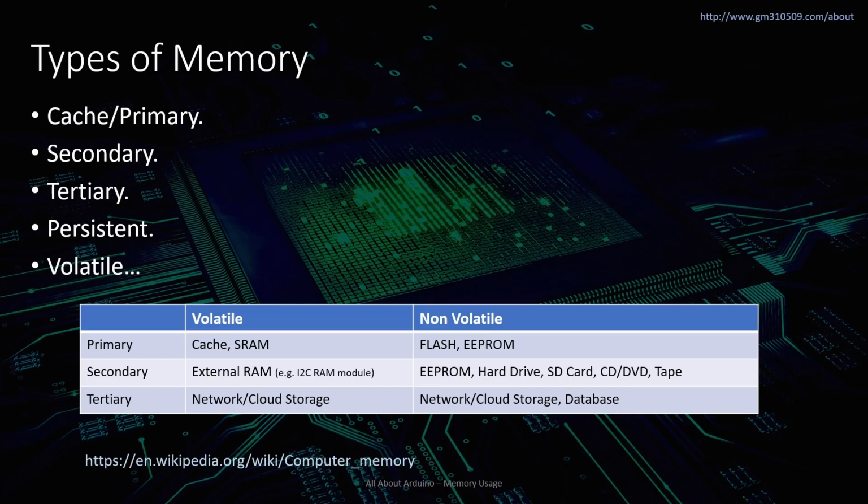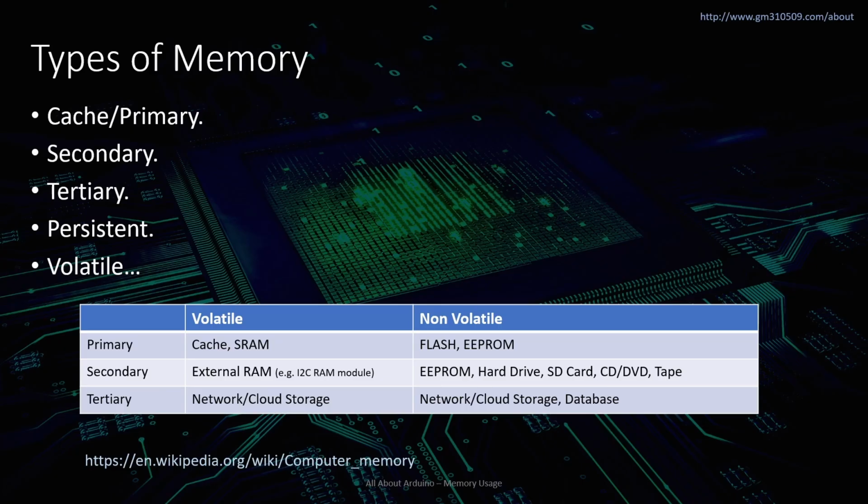The main difference between primary, secondary and tertiary is how close the memory is to the CPU. Either it's directly wired in, or it might go through some sort of high-speed interface, such as the I2C RAM module. Generally, those tend to be in the vicinity of the computer, either on the main circuit board or plugged in very close, like through a USB or a plug-in adapter or something like that.